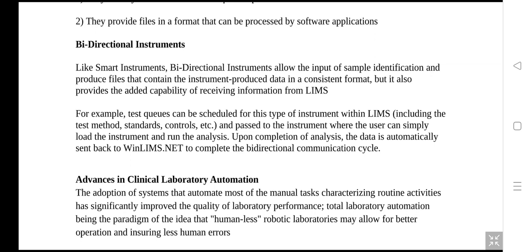So there is a back and forth, and this is a very advanced equipment. The smart one passes data over to the system, while the bidirectional one also gets feedback.